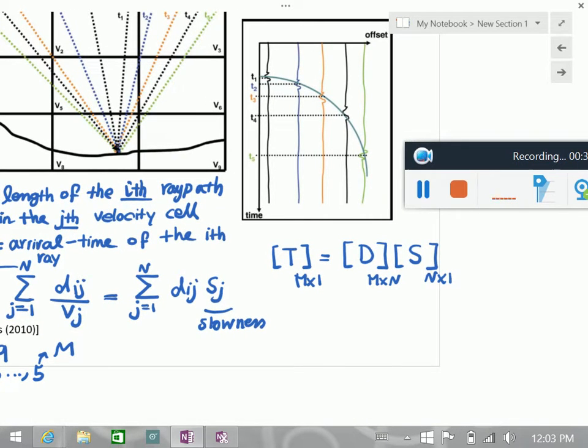So what we are looking for is S. One very logical way to find S is to do what?